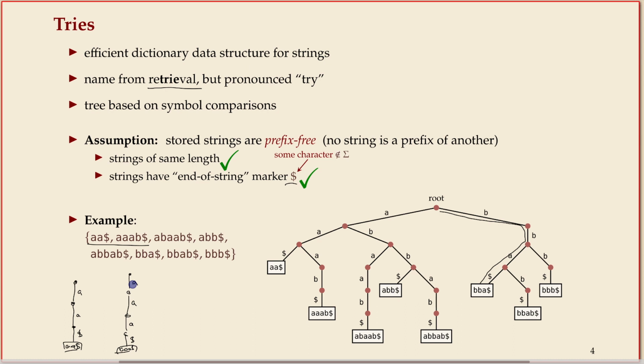And if you want to get the trie for both of them, then you fuse them as long as they share paths. So these two are the root. Then they both go down with an edge labeled A. So we fuse these two into one node. Then we fuse these two into one node because they also are reached by the same edge label.